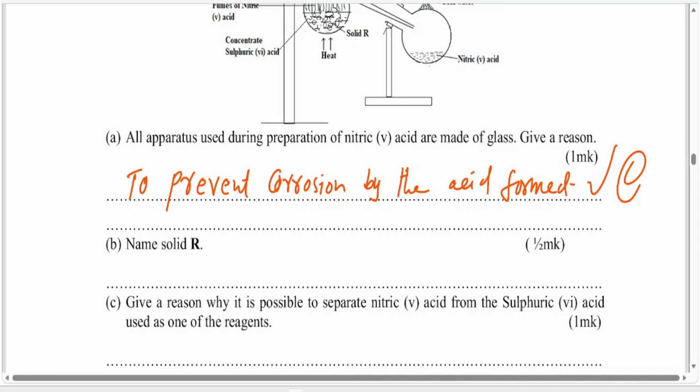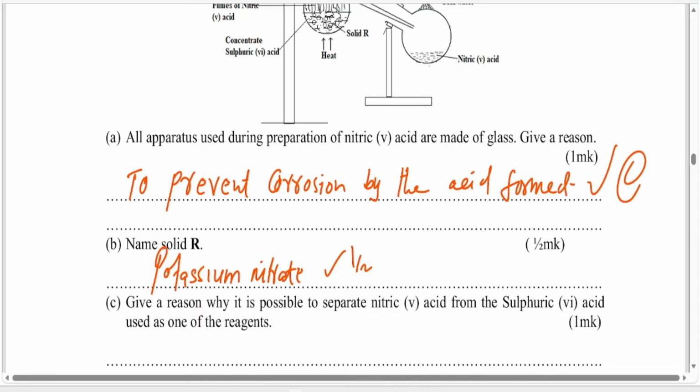You may be told to give a reason. So we are told to name, not to give a symbol or the formula. So we are going to name it potassium nitrate. Don't give a formula, just name, and this gives you a mark.